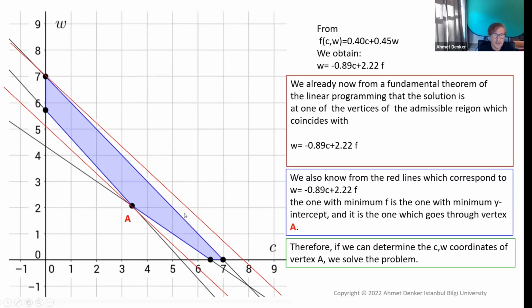Again, we are going to utilize the fact that the solution is going to be on one of the vertices of this polygon.